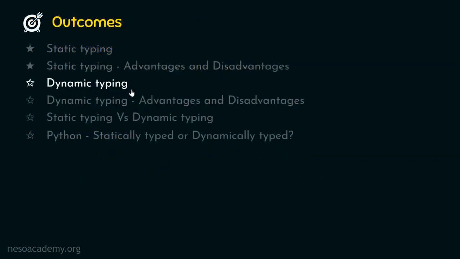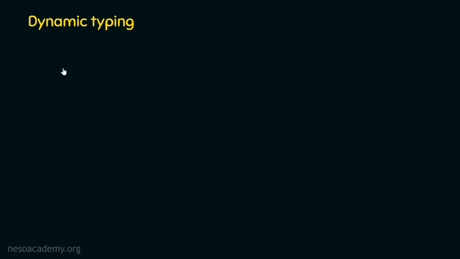Now that we have seen the advantages and disadvantages of static typing here, let's move on and learn dynamic typing. Dynamic typing is the one where the data type is known at runtime. What it means is basically when the program is running or is under execution, that is the time when the type of the data is decided based on whatever we have written in the code.